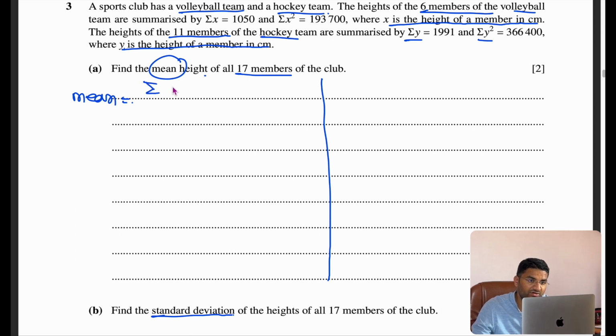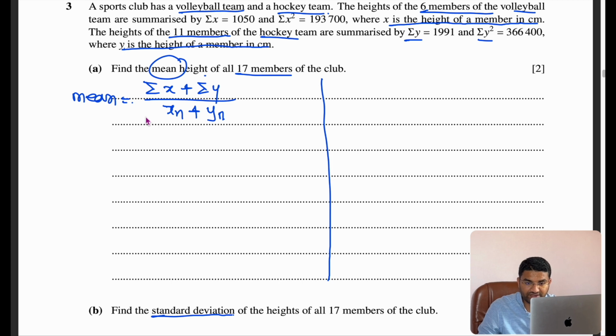So we take both of them: summation of x plus summation of y divided by n of x plus n of y, right? Here the chances of making a mistake are very high. Why? Because if you calculate separately, you will get a different answer.